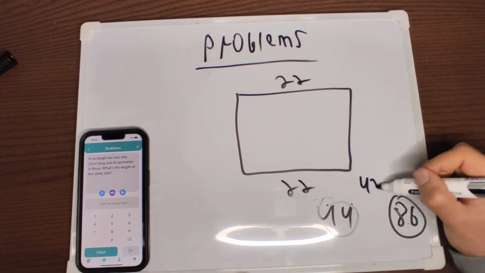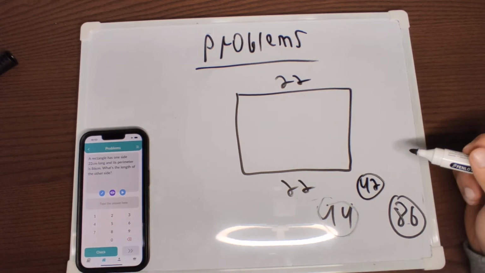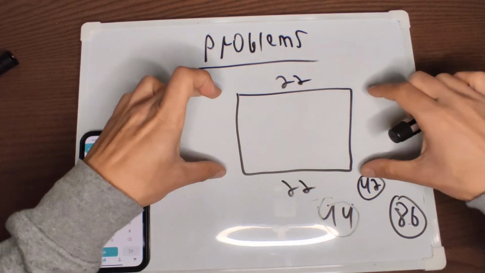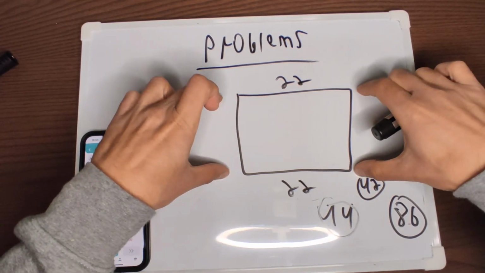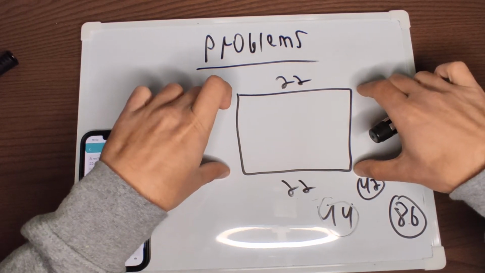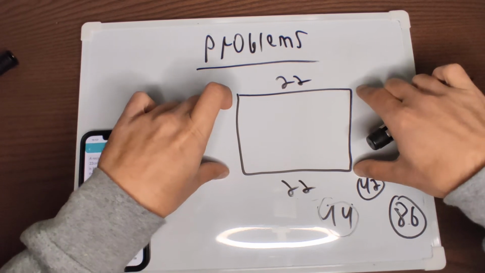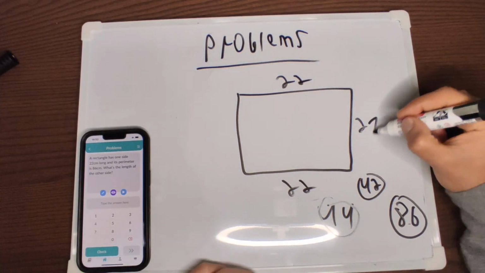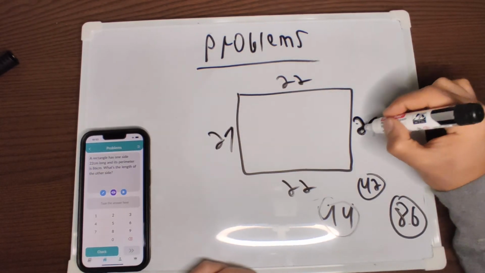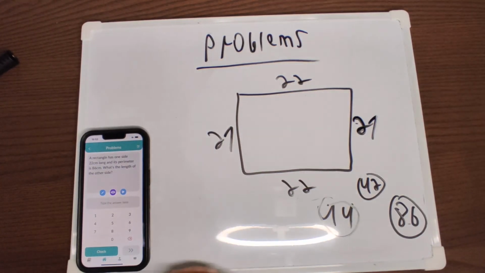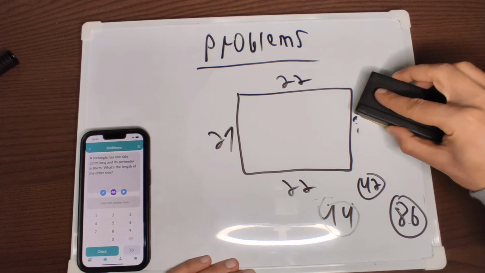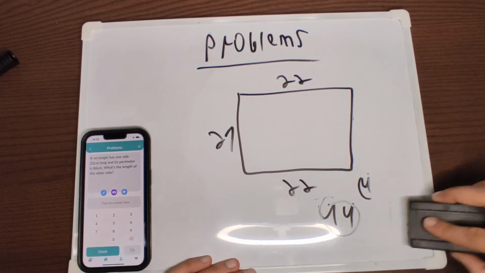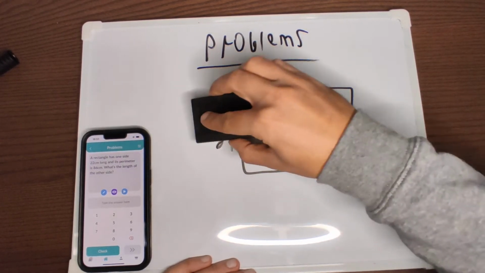So 42 centimeters are missing. So those two edges should be 42 centimeters. But those are two equal edges, so we can divide by 2 and we get the result, which is 21. But this is not what I want you to do, because this one was easy. But there will be harder exercises.